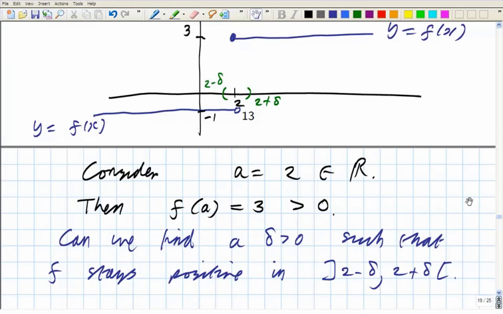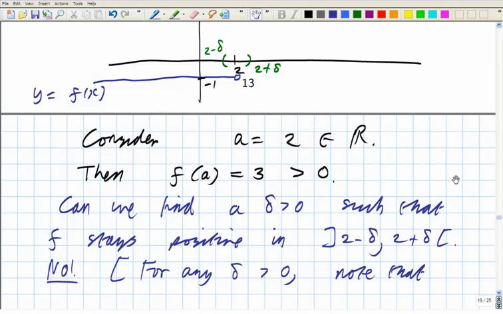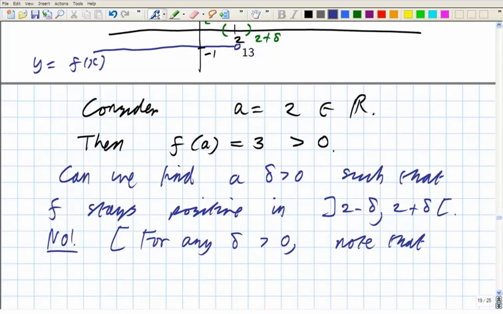And the answer is no. And in fact, if you wanted to really tie it down, for any delta we try, note that one of the places you can find in that open interval is 2 minus a half delta. So it would be f of 2 minus a half of delta. That's definitely in that little open interval, but f of it is minus 1, which is smaller than 0.